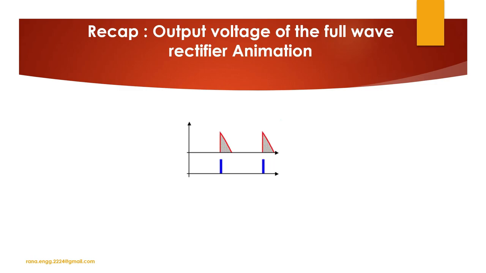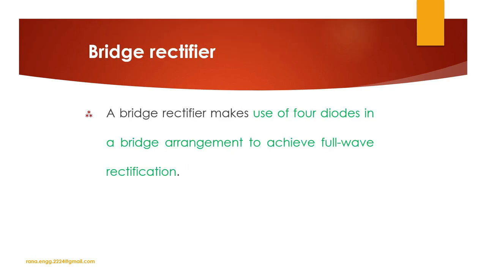So far we have discussed a full wave rectifier which had two diodes, and the output waveforms are like this. We get continuous full waves, one after another. Now we will discuss the bridge rectifier.